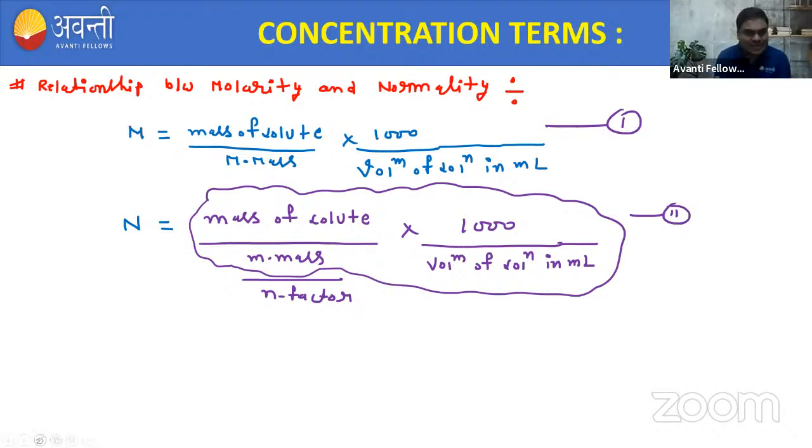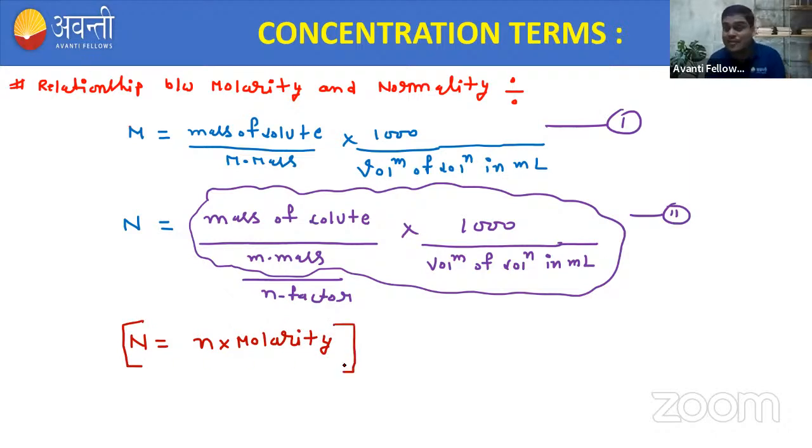So we can establish a very good relation here. And what is this relation? Normality is nothing but n into molarity. This is a very, very important relationship between normality and molarity.